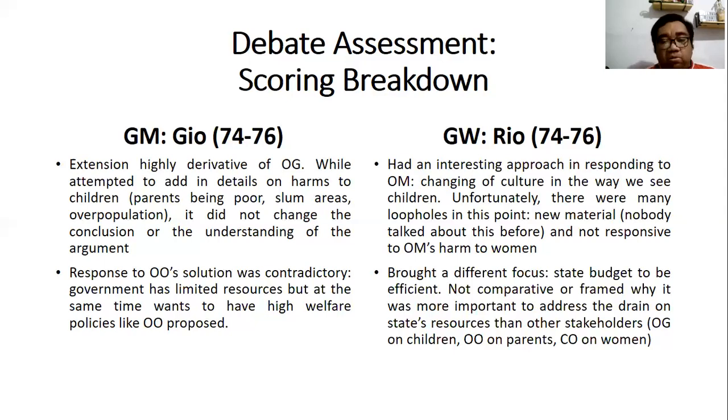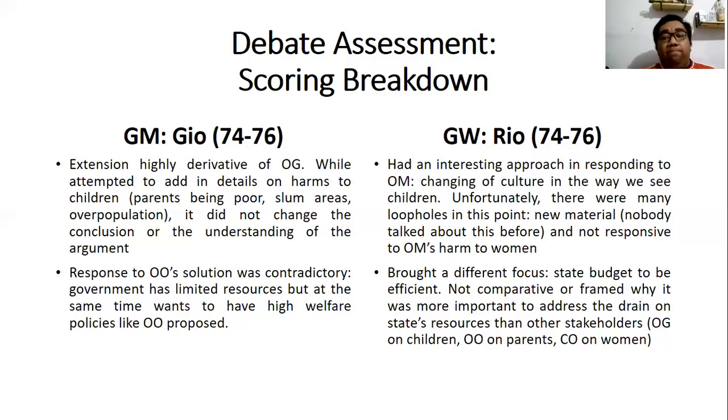We were a bit confused on how they can argue government limited resource, but at the same time also want to have high welfare. And so that's why it became a bit blurry on what exactly the closing government stands for. And those were the reasons why I felt that the speech went into slightly below average for a government member.